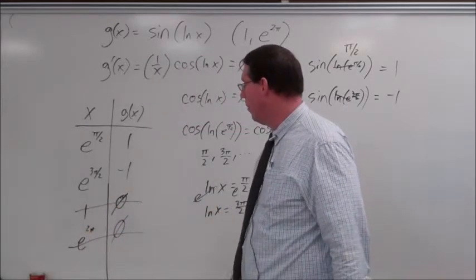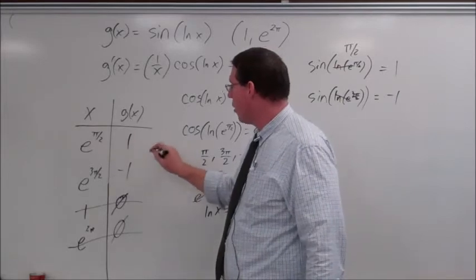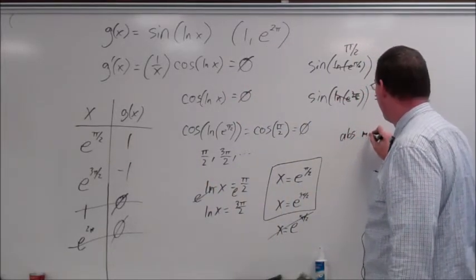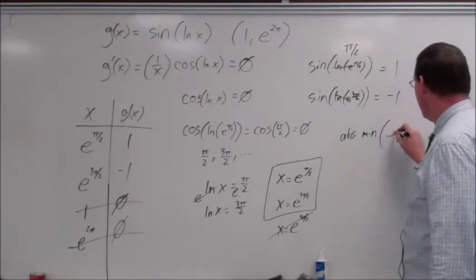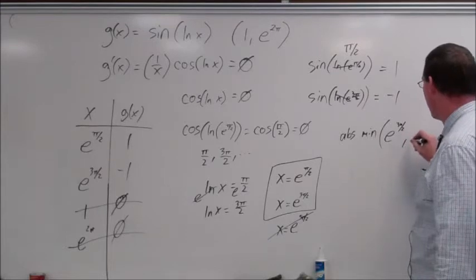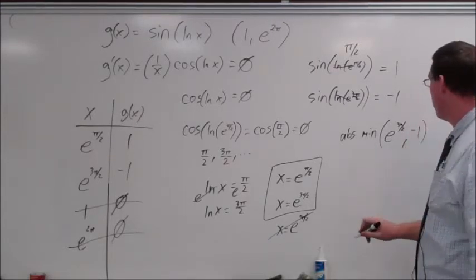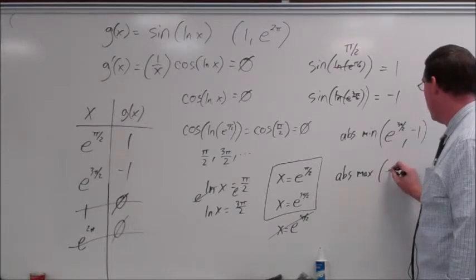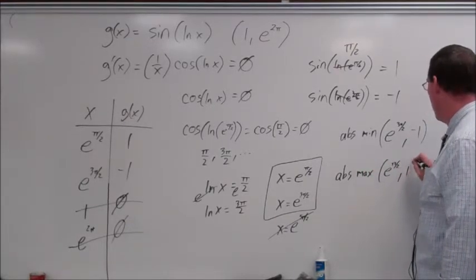Those are in the middle, and this is what we have. Our absolute minimum is at e to the 3 pi over 2 power, comma, negative 1. That's one coordinate. And then the absolute maximum is at e to the pi over 2 and 1.